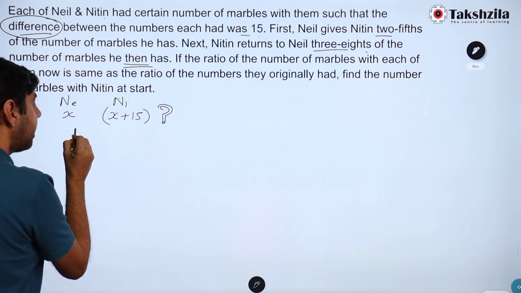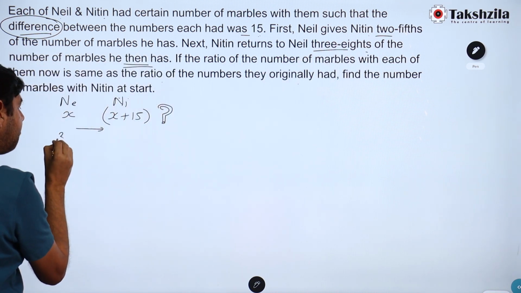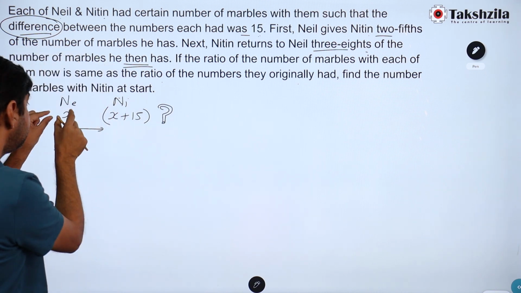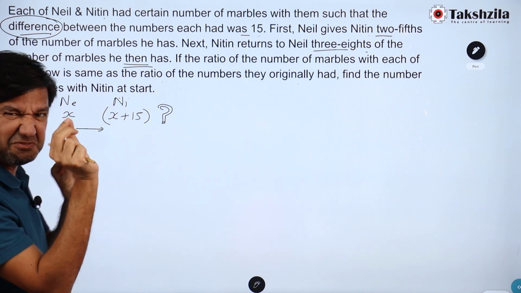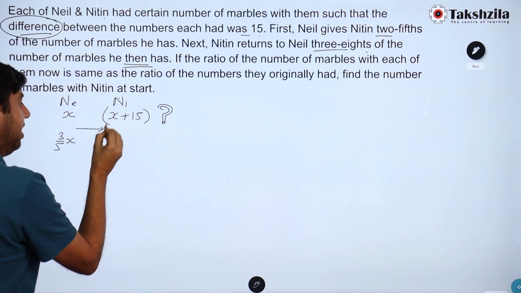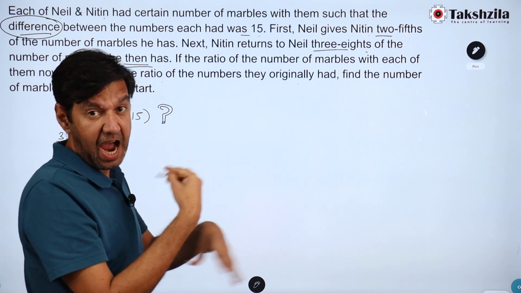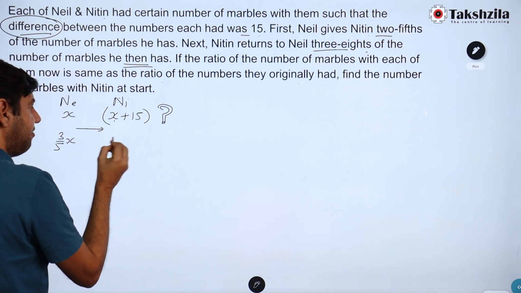So now when he transfers something, how much does he transfer? 2/5. So he'll be left with 3/5. Even if you use some intelligent things like assuming this as 5x, it's not going to help you too much. A very minor help will happen. And now he will have x plus 2/5 of x. And even if you're very fast there, 1 plus 2/5 is 7 by 5.